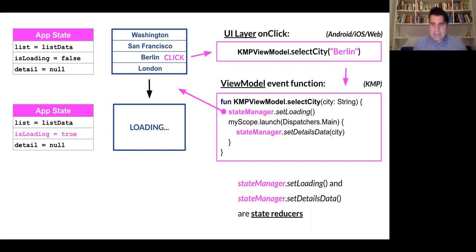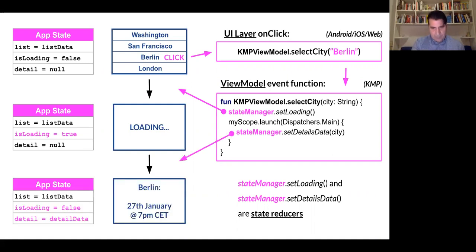And then we can asynchronously set the data which we retrieve from the data repository, through another state reducer. And what it is doing is reverting the loading flag to false, and then retrieving and setting the detailed data that needs to be shown on the screen.